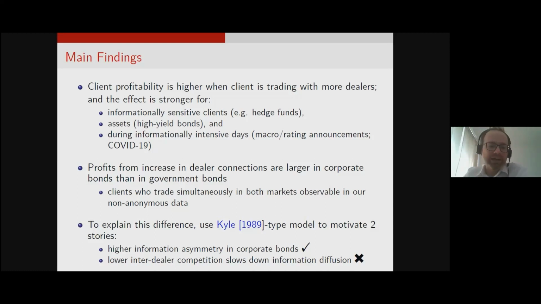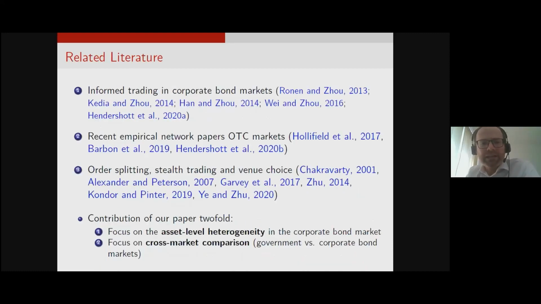So perhaps a second information-based explanation could be that lower interdealer competition could, to some extent, explain this differential strength of the performance connection relationship in the two markets. And then we find that the data supports the first mechanism, whereas the second mechanism seems to be rejected by the data. So that's the summary of what we find.